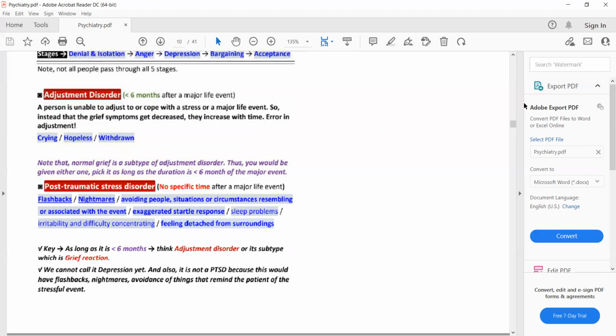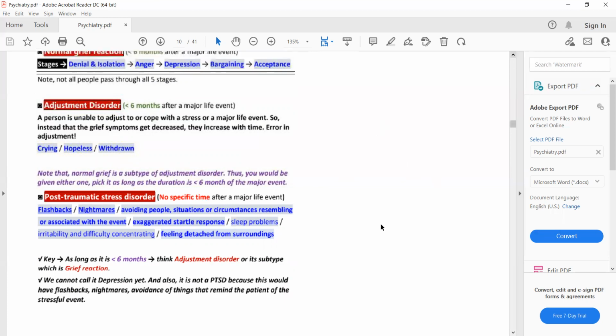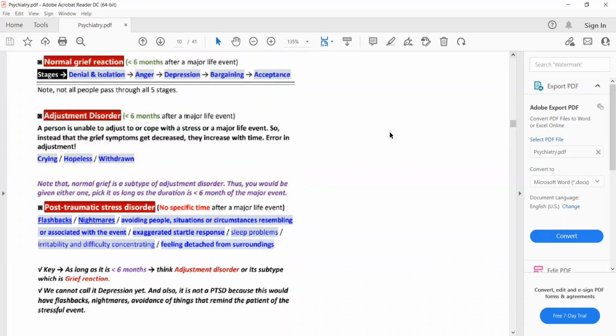So after a major life event, if someone is in denial, anger, or depression, it will be normal grief reaction or adjustment disorder. And both of them persist for almost 6 months. So the duration of these symptoms will be less than 6 months.